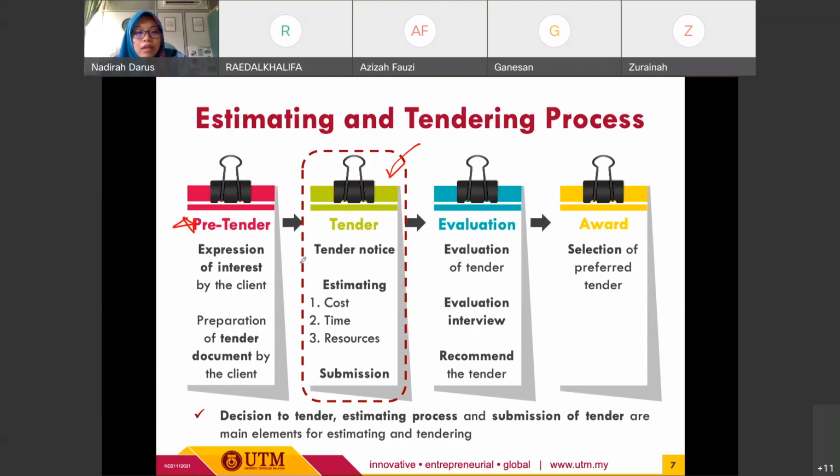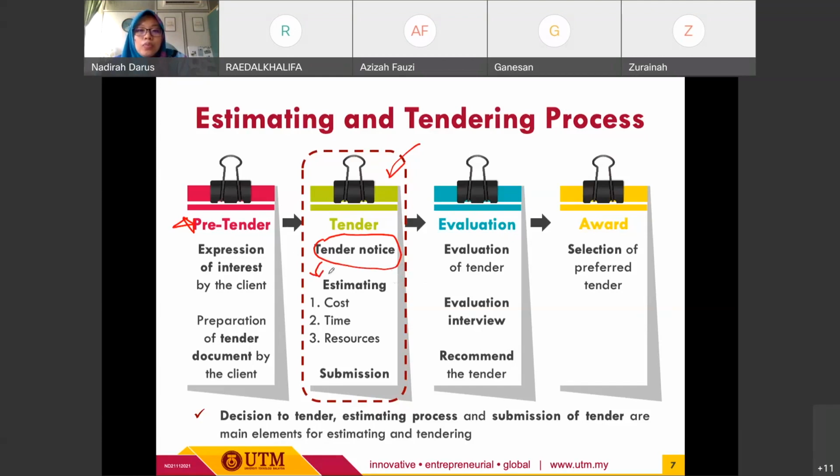Any interested contractor or tenderer will buy the tender document based on the tender notice or tender advertisement. They need to fill in all the required information, and of course proceed with the estimating.